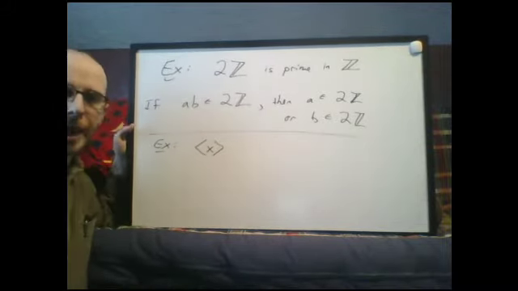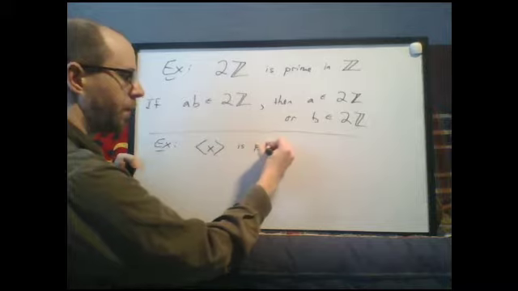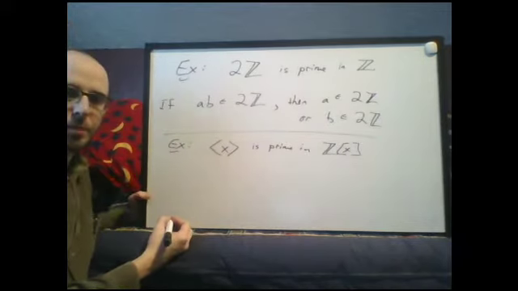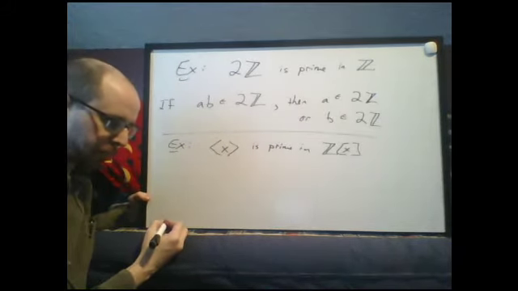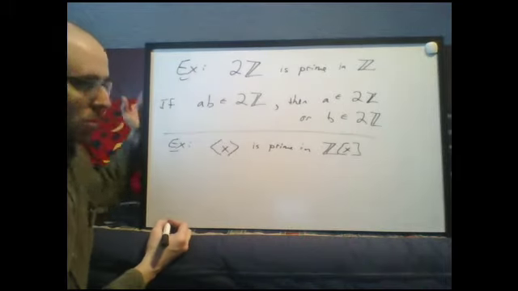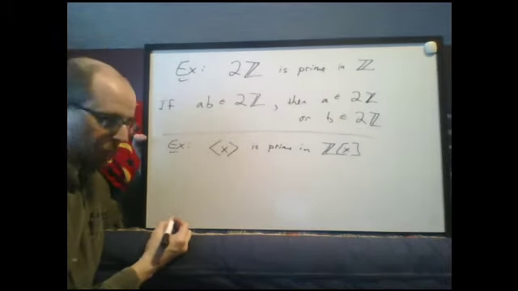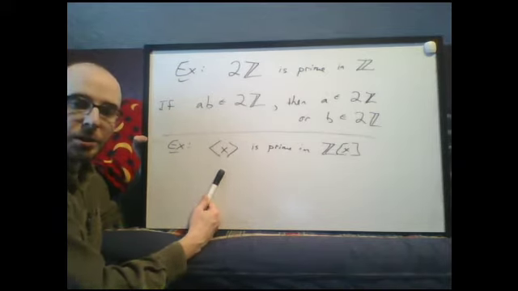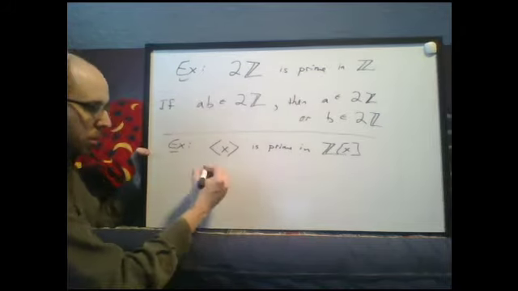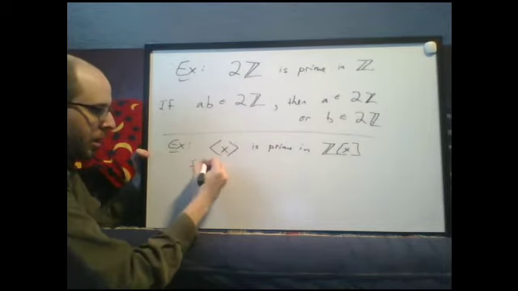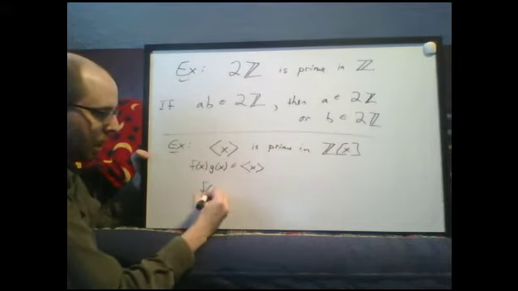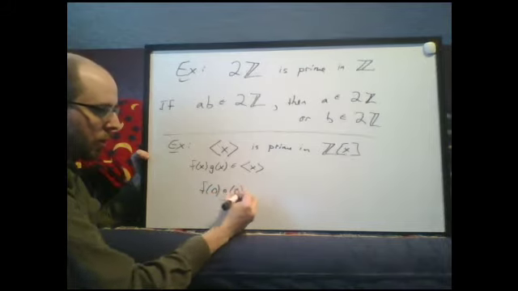The ideal generated by x is prime in Z[x]. Remember one way we had of describing this ideal? It was the set of polynomials for which 0 was a root. So in other words, f(x) times g(x) being an element of this means f(0) times g(0) equals 0.